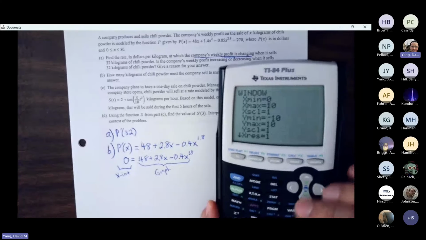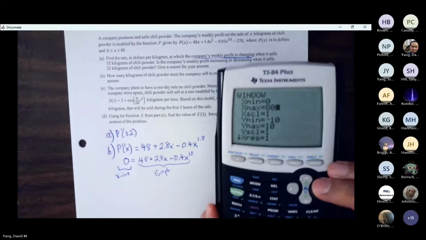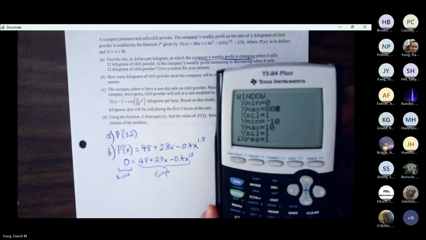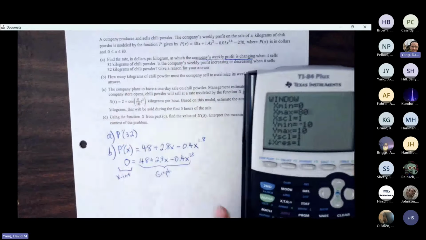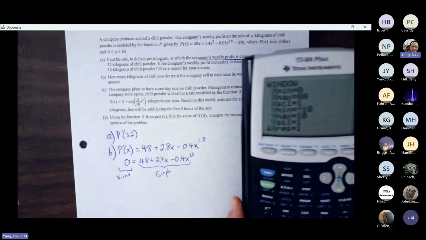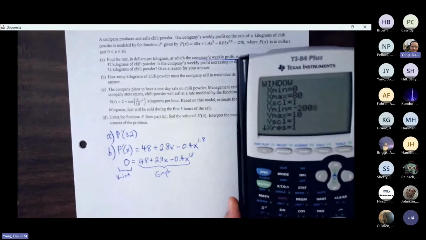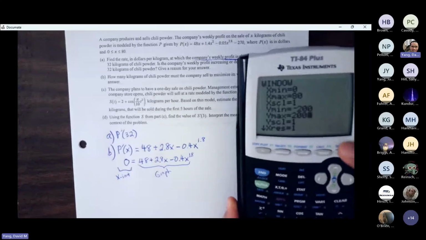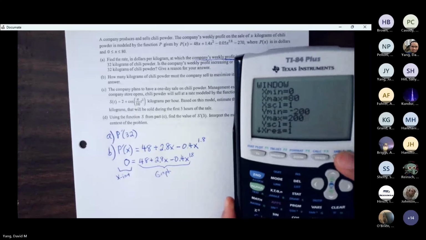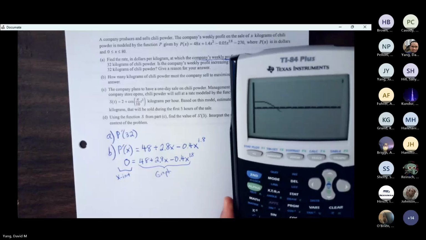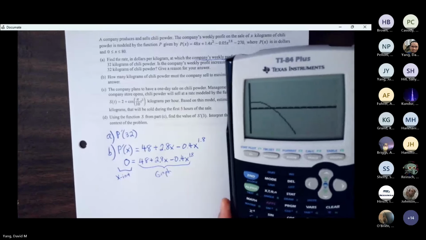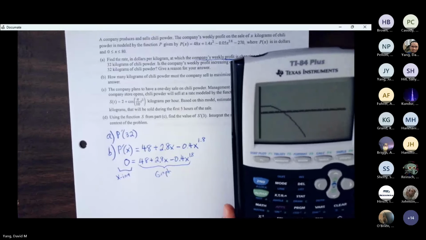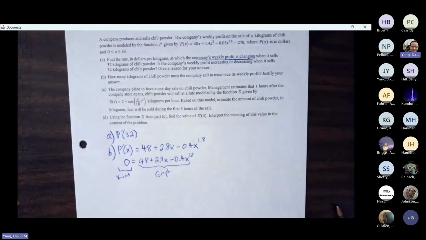Under x-max, I'll go to 80. I have my values up here in the hundreds, so I'm just going to estimate that maybe negative 200 and 200 should allow me to see something. Let's see what that looks like. Okay, so we're just looking for the x-intercepts here.